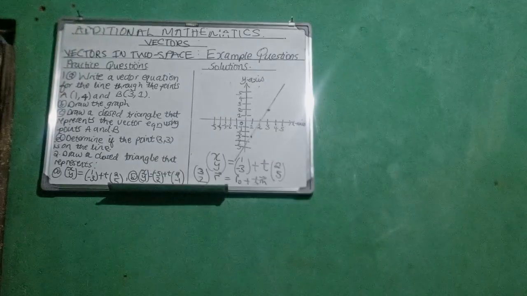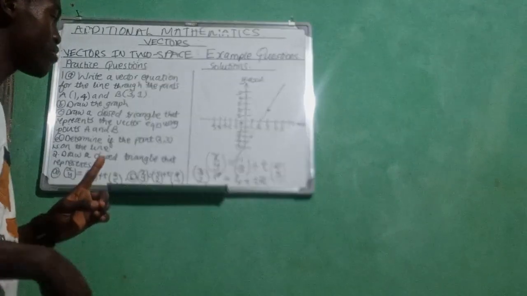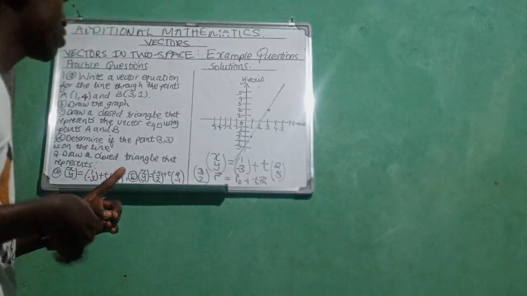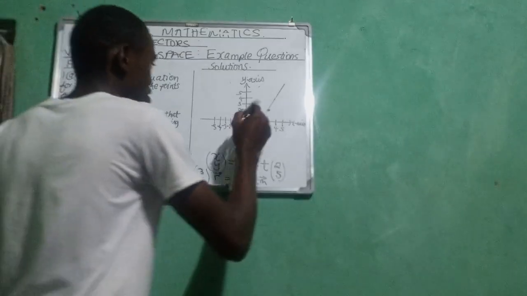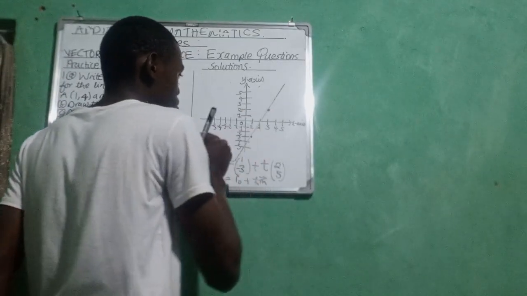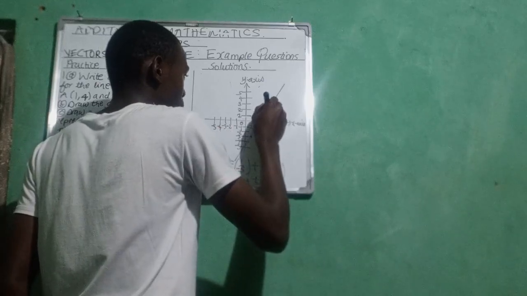Then to continue, they say draw a closed triangle. So we know one position vector, which is (1, negative 3). Where is (1, negative 3)? It is right there.